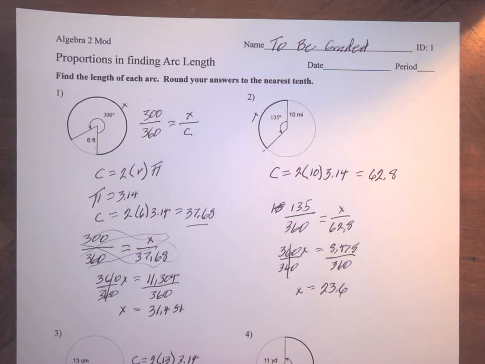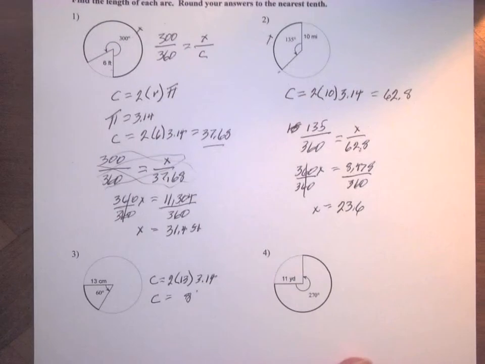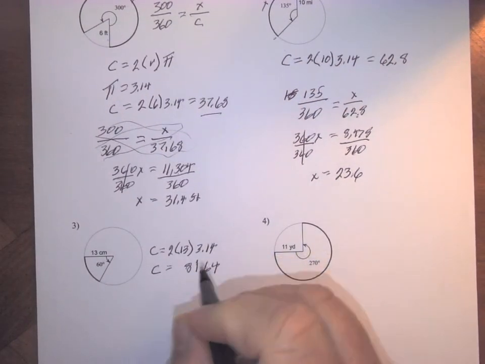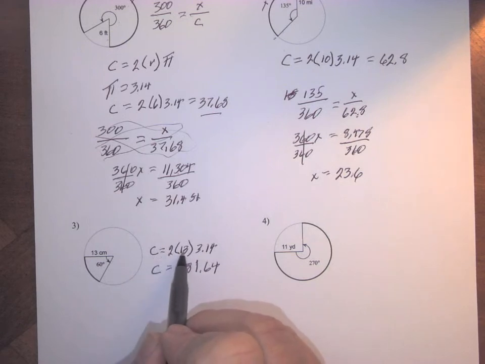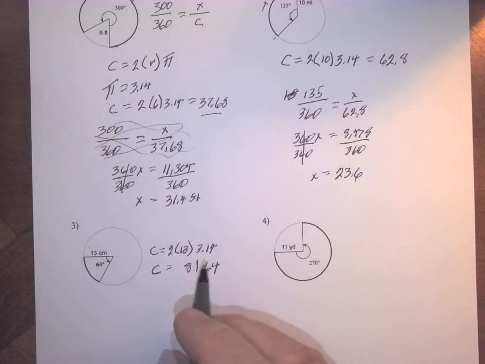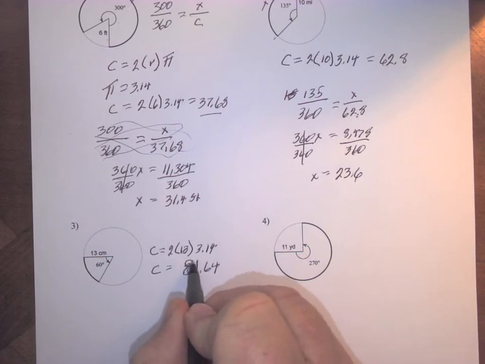So your circumference is equal to 2 times 13 times 3.14, which is equal to 81.64. Again, 2 times the radius times 3.14 gives us 81.64, and that's an 8, guys.